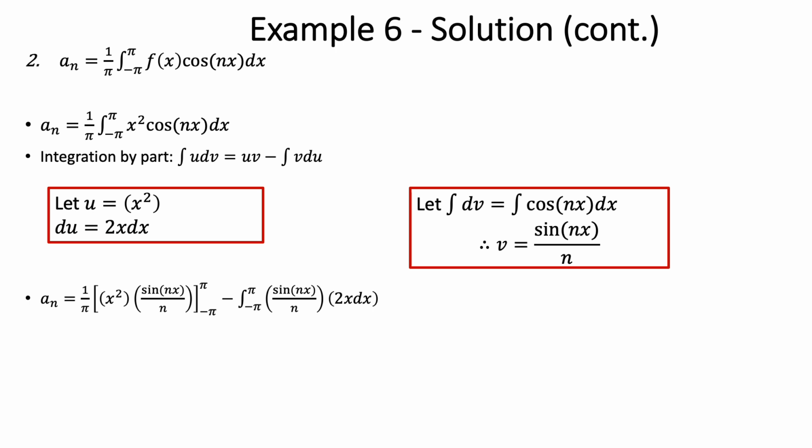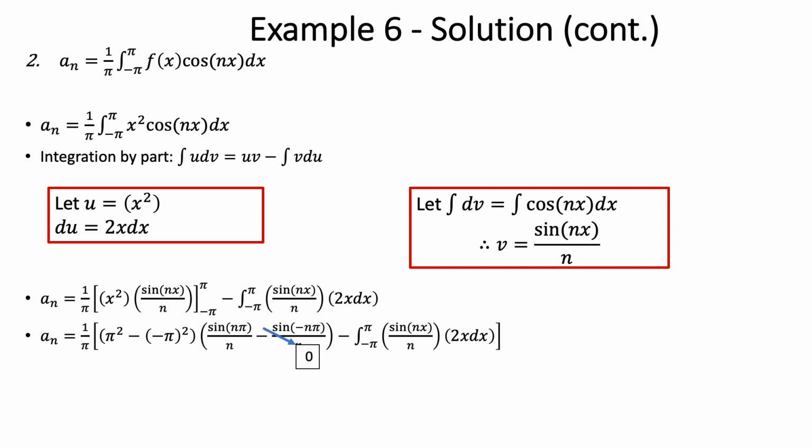So therefore our an will be 1 over pi times x squared sin nx over n for minus pi to pi. And the second term is minus integral minus pi to pi sin nx over n 2x dx.